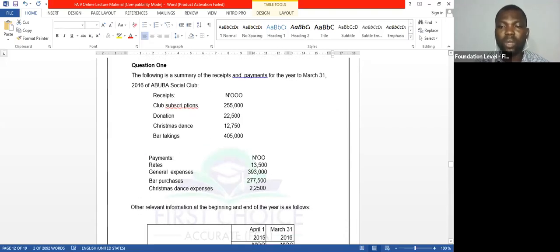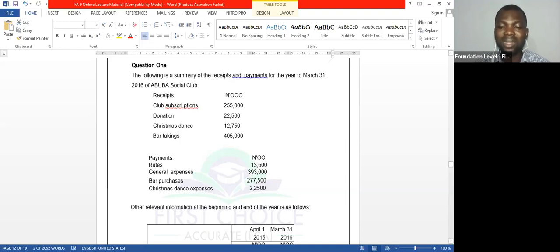For non-profit making organizations, we looked at the types of account they prepare: the receipt and payment account, the income and expenditure account, and the statement of financial position. Whenever they use cash basis, they use the receipt and payment account, and we showed the format. The income and expenditure account is prepared whenever they use accrual basis.